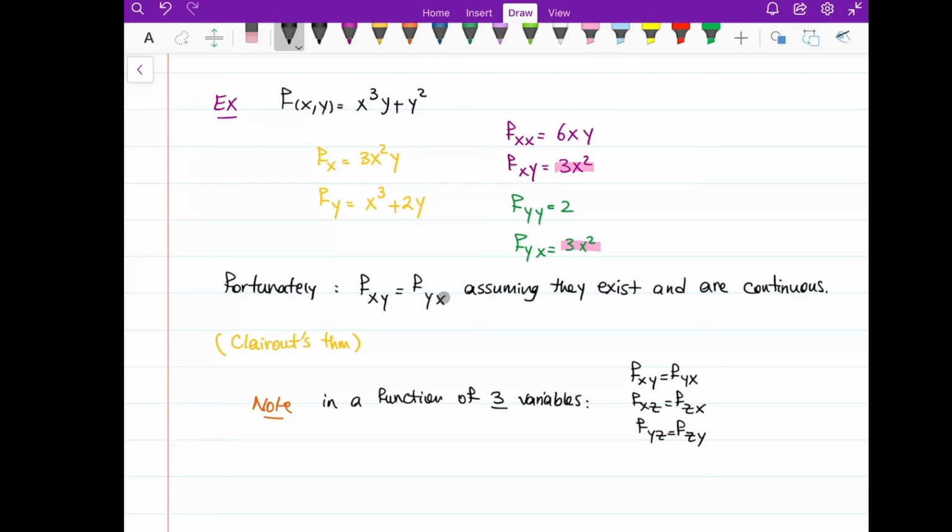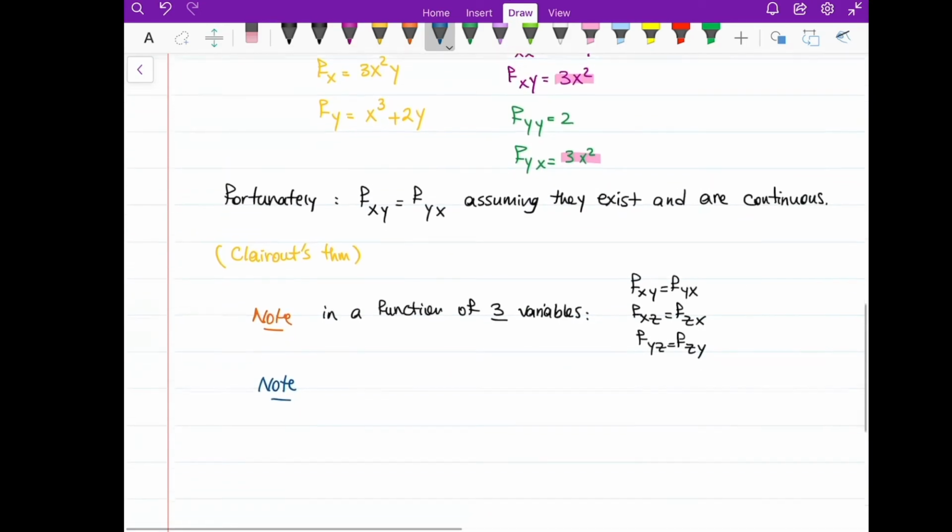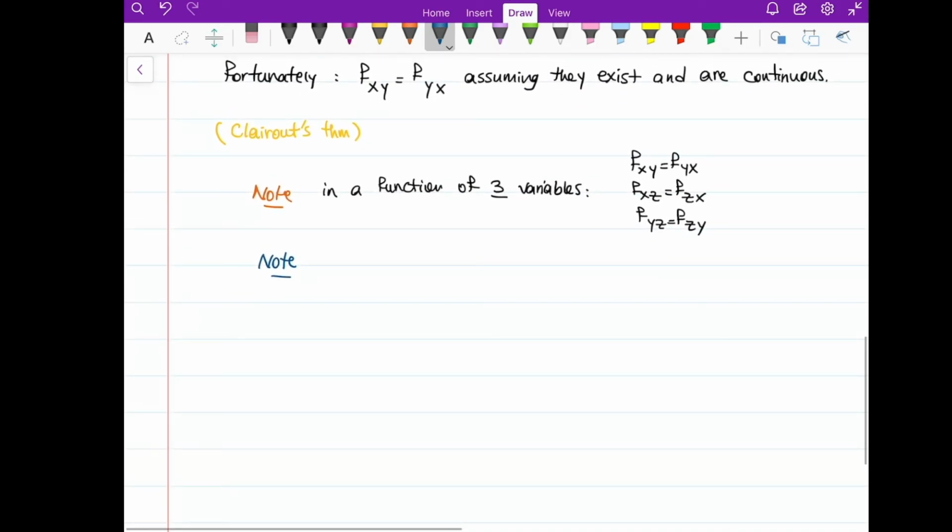Okay, and as the second note, I would like to mention if we have higher partial derivatives. For example, if we have f of y, x, x, and then z, so what it means, this is the fourth derivative.